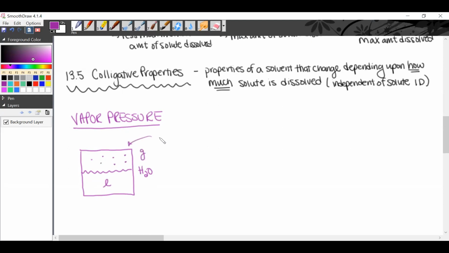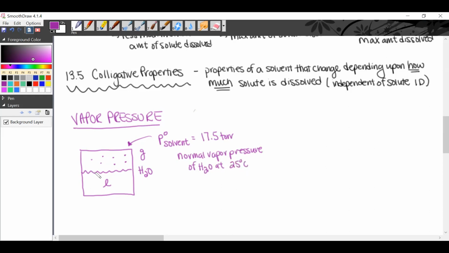This pressure up here, the normal vapor pressure of the solvent, that's the vapor pressure. I don't know what the vapor pressure of water is at 25, so I'm going to guess. Let's say it's 17.5 torr. That would be the normal vapor pressure of water at 25 degrees Celsius.